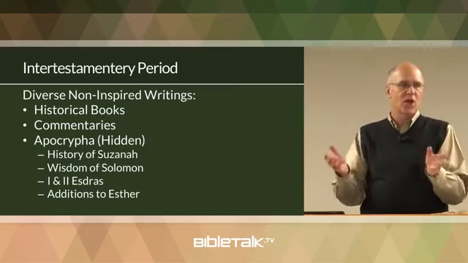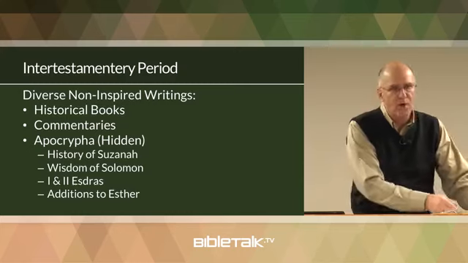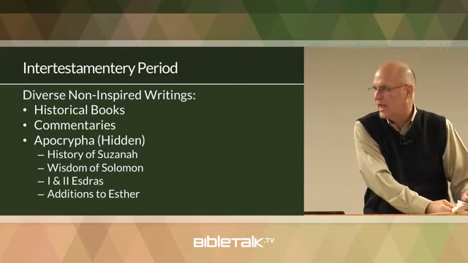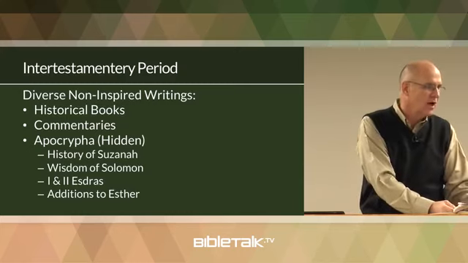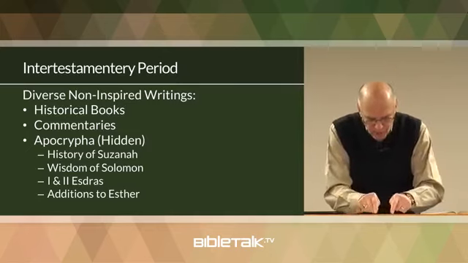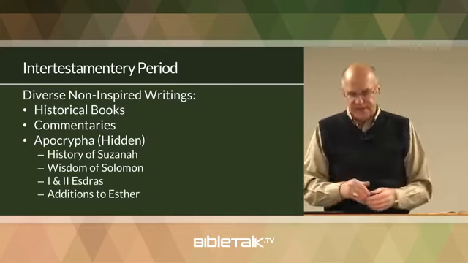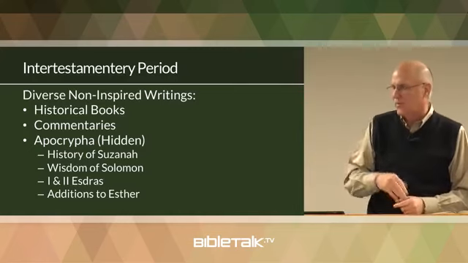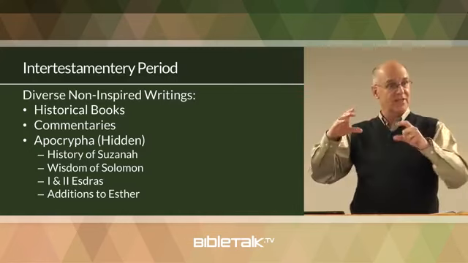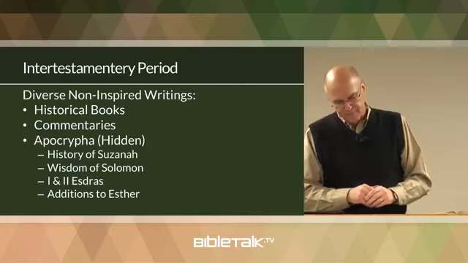Or the Wisdom of Solomon. We don't have a book in the Old Testament canon entitled The Wisdom of Solomon, but a book like that was written, referring back to Solomon. First and second Esdras, or other additions to the book of Esther, for example.